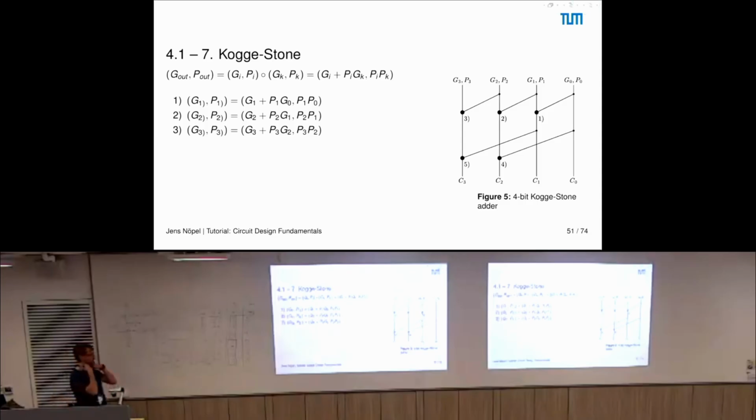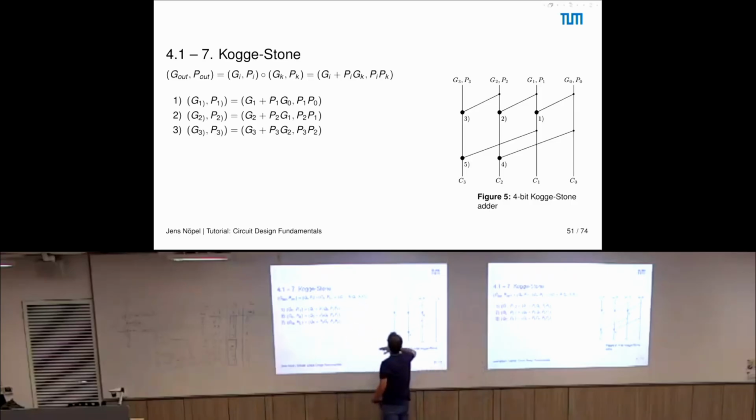So now how do we come to the intermediate points? We just apply this formula. Starting with this point here, we just have to look up and see what inputs we have. We have G1, P1 and G0, P0. Now we just plug them into this formula.